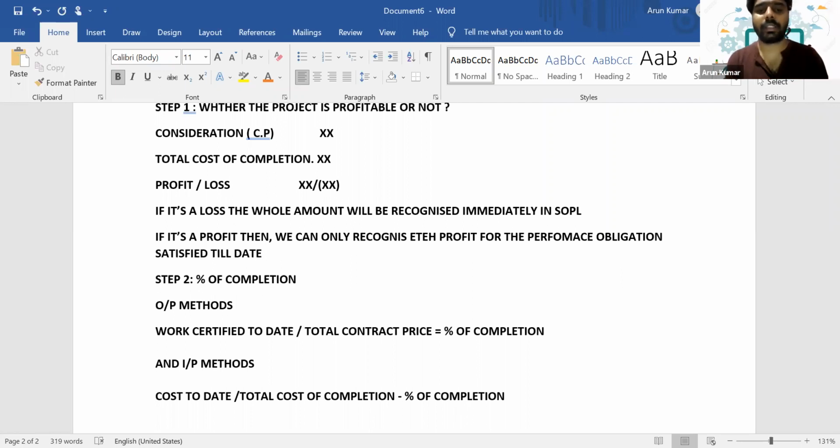We can only recognize the profit for the performance obligation satisfied till date. Is it clear, everyone? Can you reply in the chat, guys?